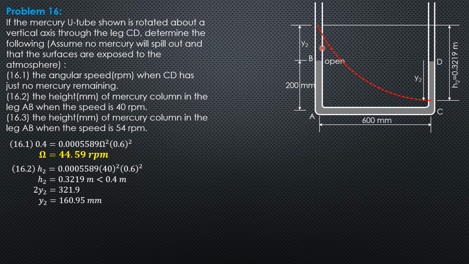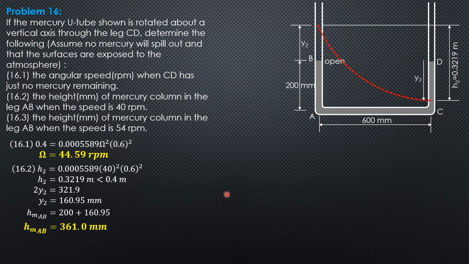Therefore, the height of mercury on leg AB is 200 mm plus y2, which is 360.95. Let's round that up to 361 mm.